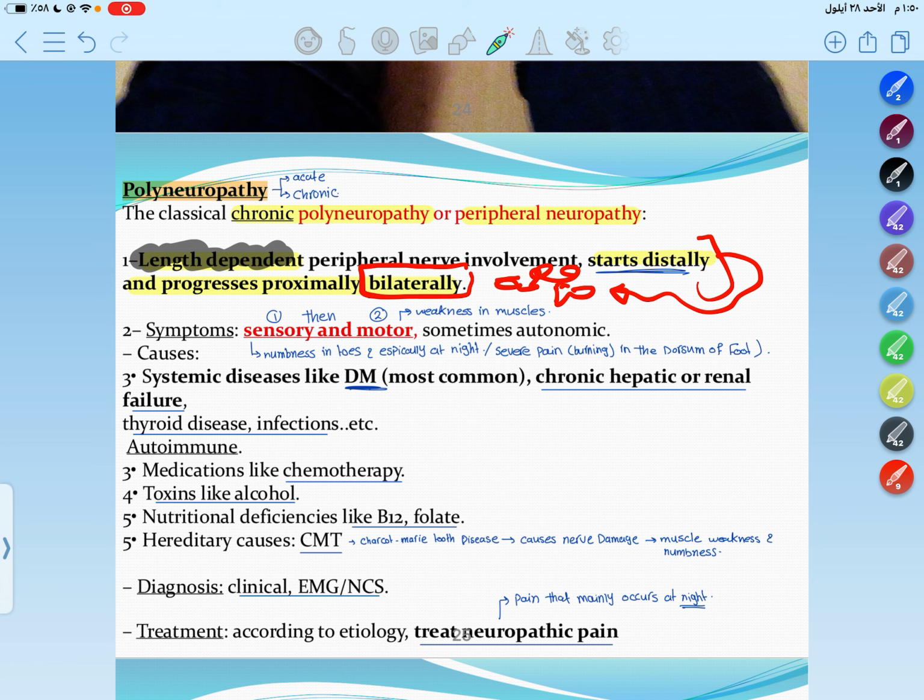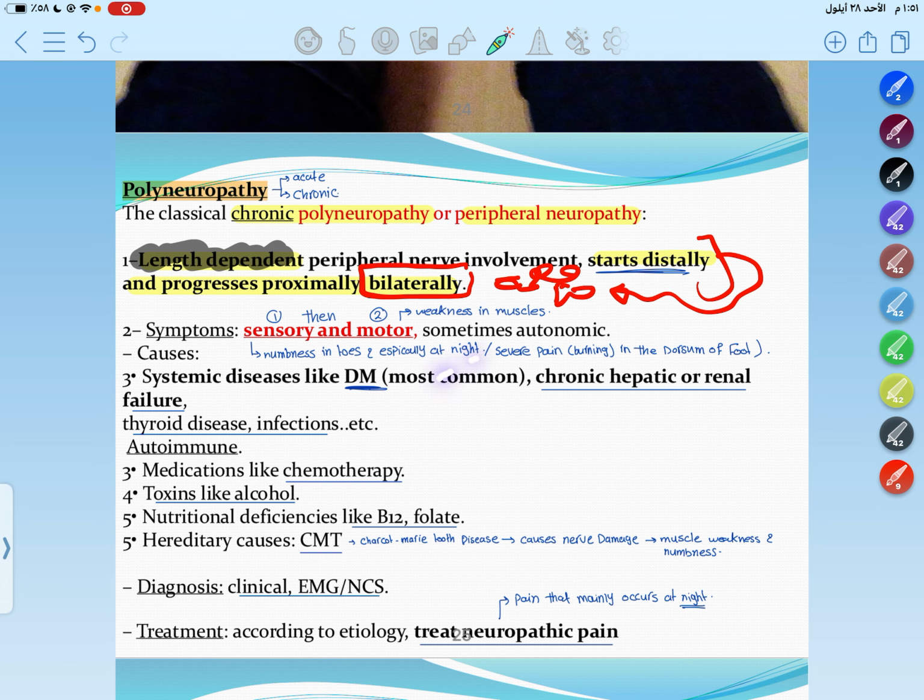Restless foot, restless leg, severe, especially at night. So the pain is unbearable, and of course it's bilateral, burning. And in advanced cases, it could be associated with weakness in the peripheral muscles or even wasting of the interossei muscles.